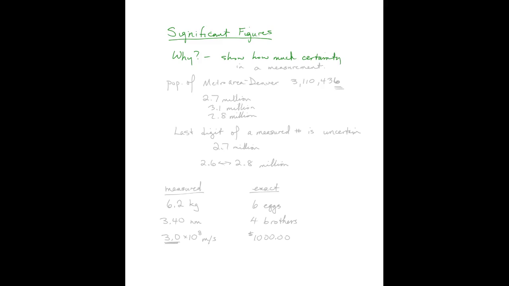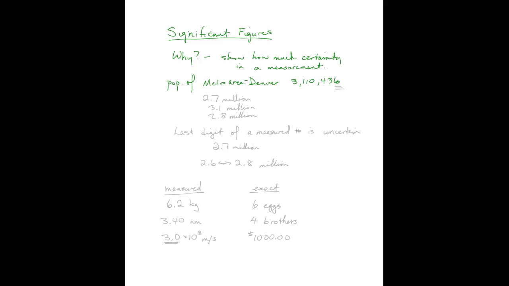As an example of that, let me quote from a huge source for information in our day, and that would be Wikipedia. If you look up in Wikipedia what is the population of the metro area in Denver, you will find that it will tell you that it is 3,110,436.